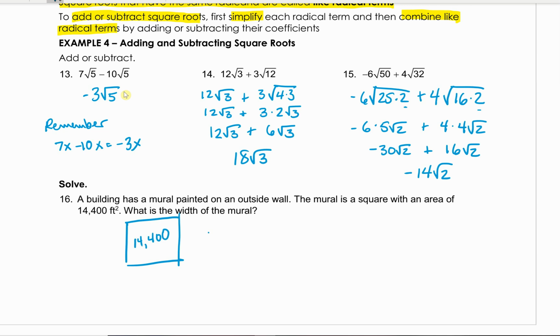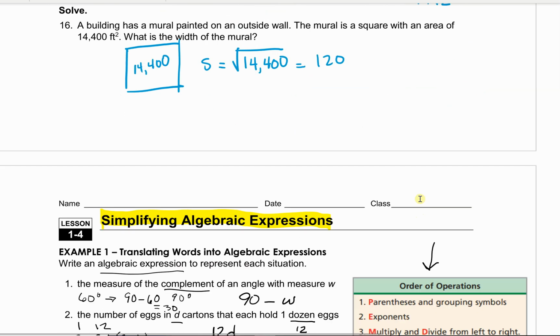So a side is going to be the square root of 14,400. Could use my calculator probably to do that. Let's see. Square root of 14,400. And it's even perfect. It's 120. So each side of that building is 120 feet.